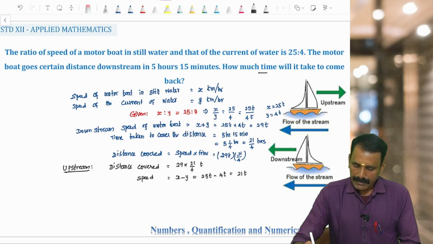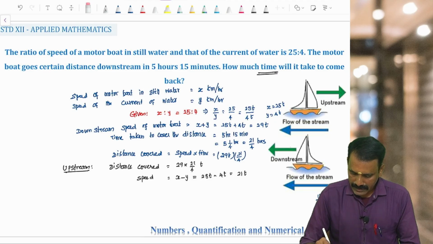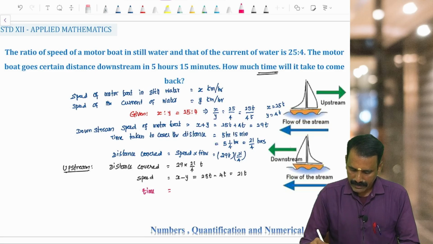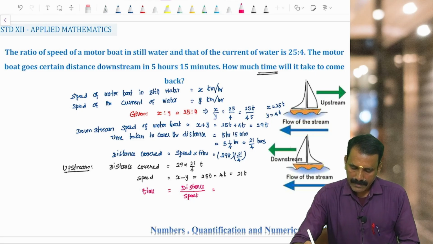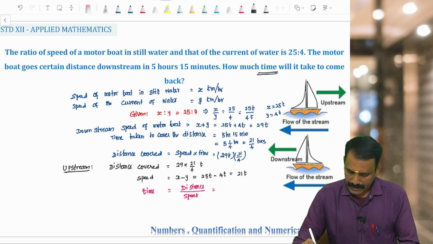Now we are going to find the time. Time is equal to distance by speed. So we have 29 into 21 by 4t divided by 21t.